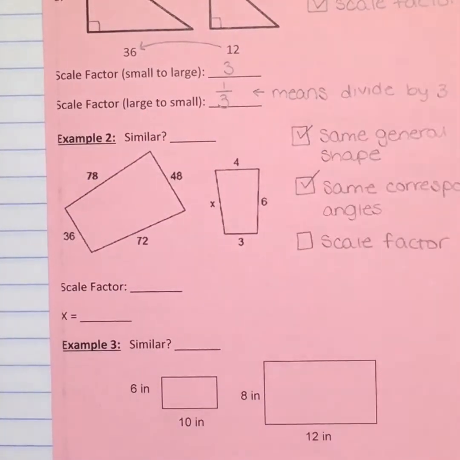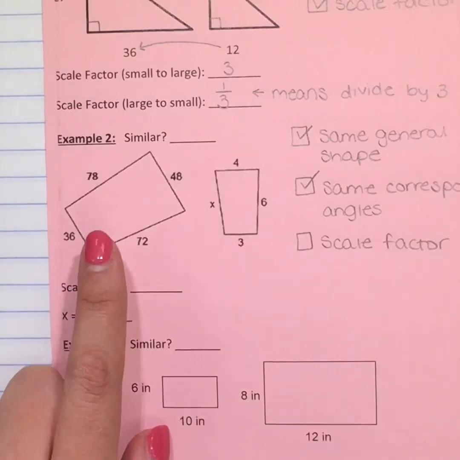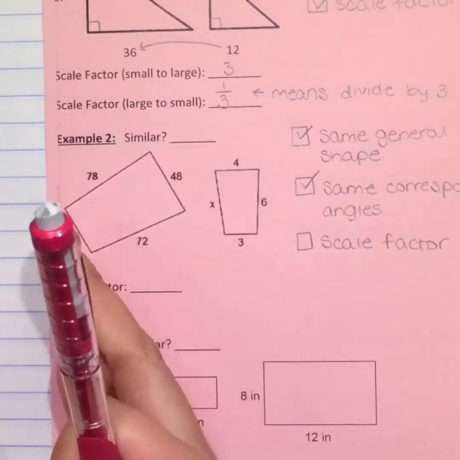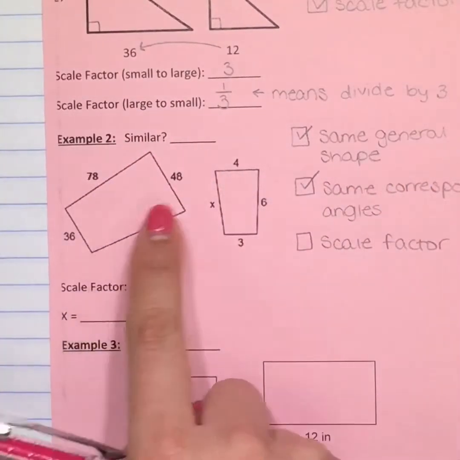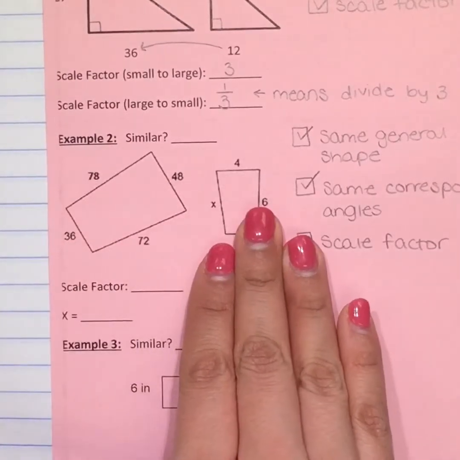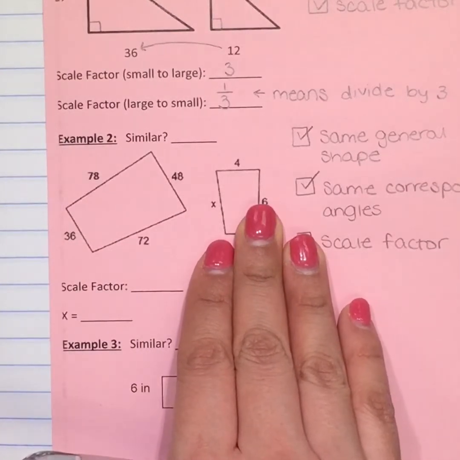They are corresponding angles. So the last thing we're looking for is if there is a scale factor. Well, it doesn't really tell us which direction we're going, so I have to assume, like when I read a sentence, I'm moving from left to right, that we're moving from this shape to the smaller shape. So is this an enlargement or a reduction?